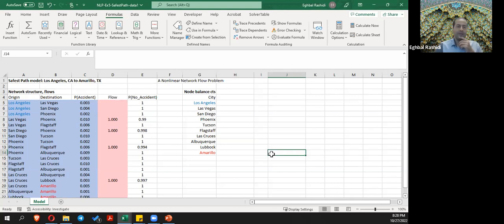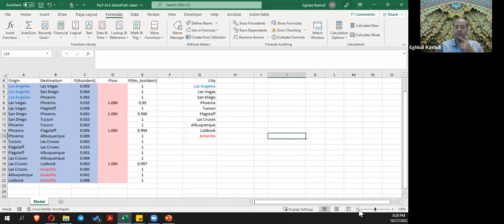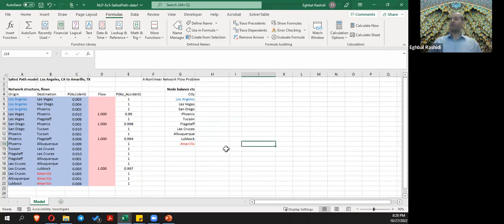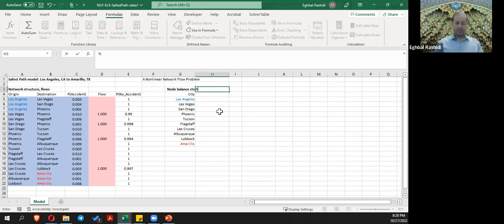So what else do we need? We need the constraints, the node balance constraints, the net outflow constraints here. So I'm going to compute the net outflow here. Net outflow.